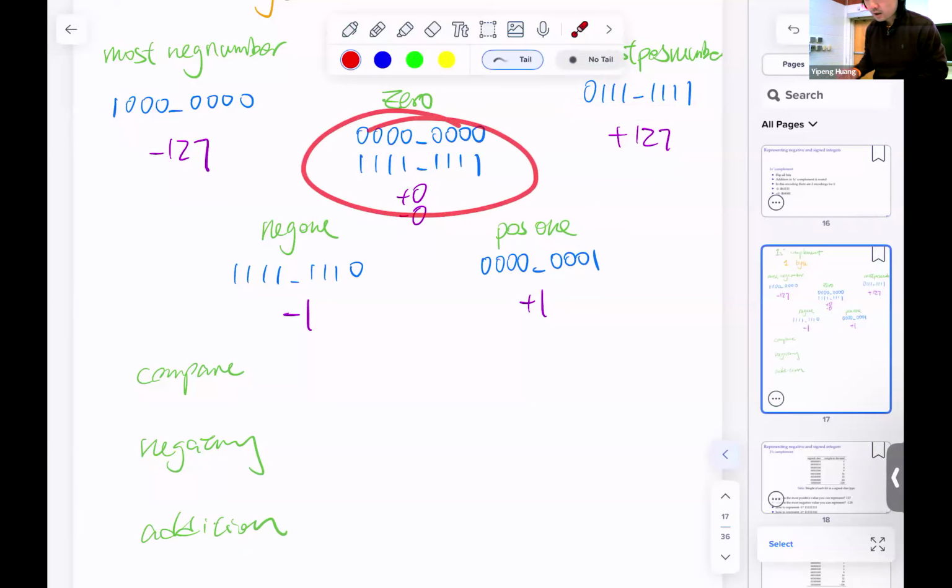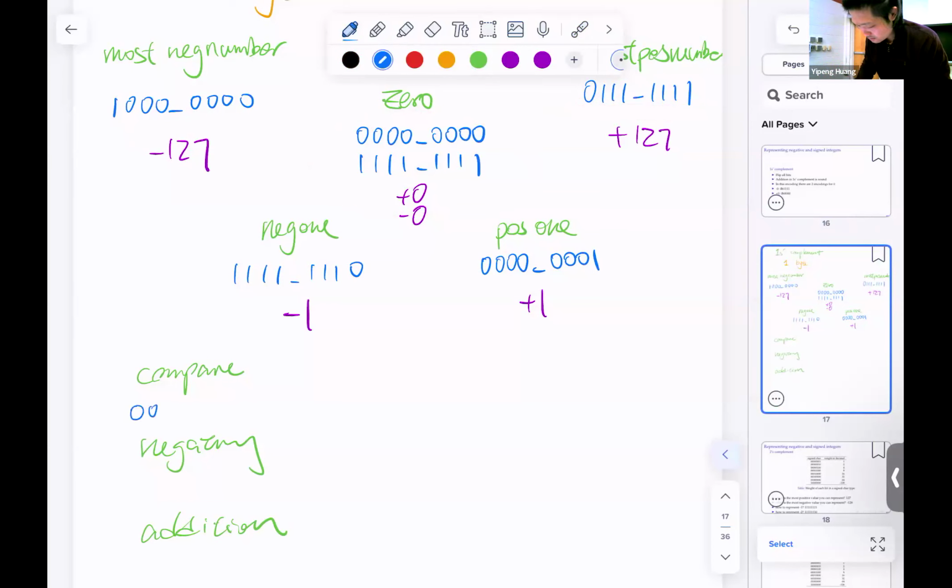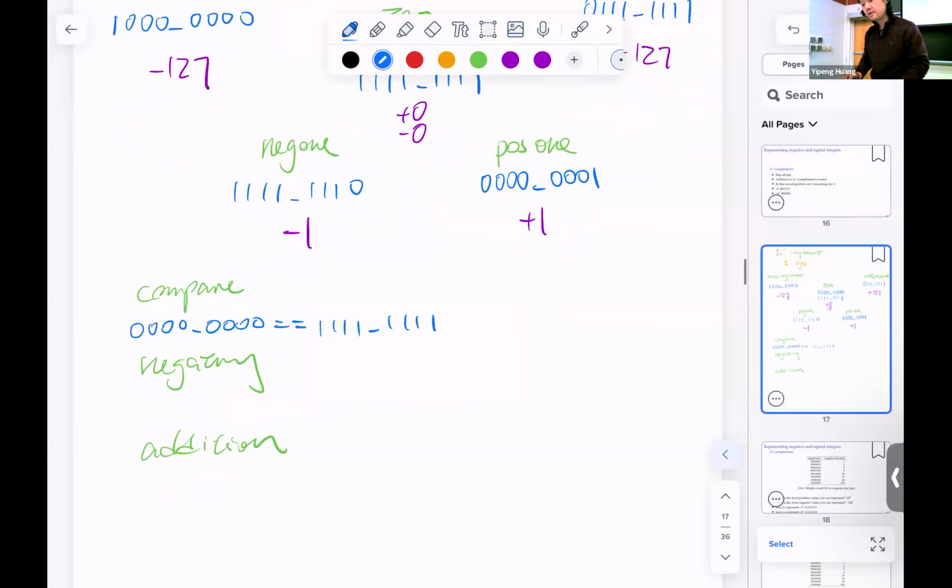But there is a tricky thing where I've got 2 representations of 0. Which you could say is a little bit of a downside, right? There's 2 ways to write down 0. That's unintuitive.